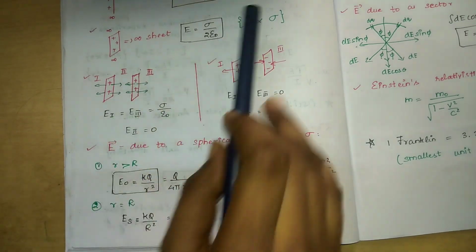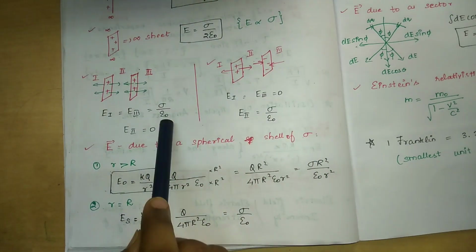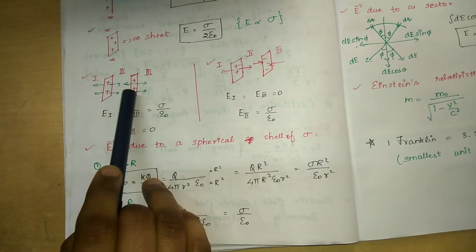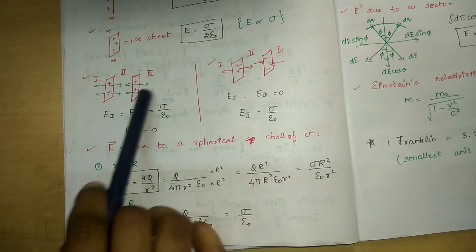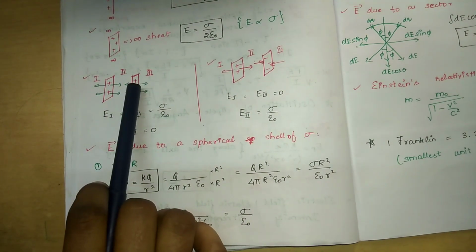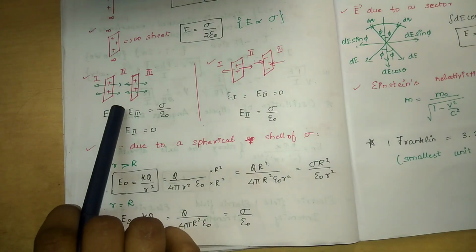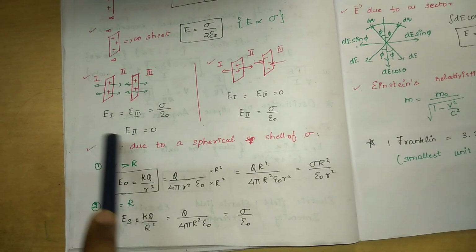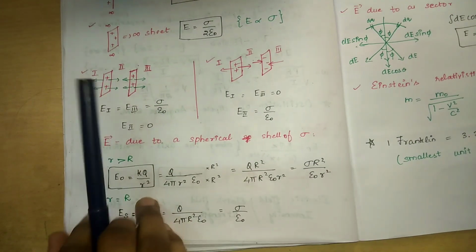If you add both of these, sigma by 2 epsilon naught plus sigma by 2 epsilon naught becomes sigma by epsilon naught. Here the second region has electric field 0. It has an electric field towards the right due to one sheet and towards the left due to the other sheet, so both get cancelled. Now we have the resultant electric field as 0 in the second region.